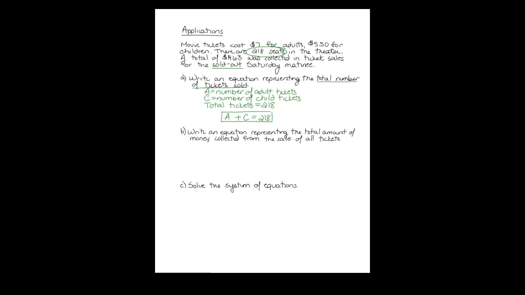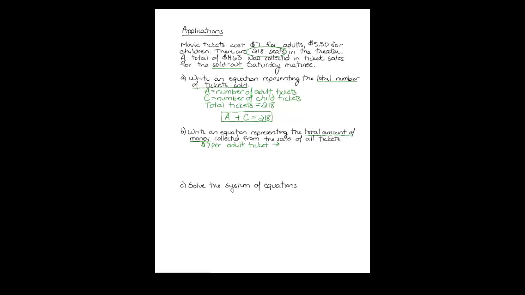Now, part B, write an equation representing the total amount of money collected from the sale of all tickets. So reading through the problem, you want to try to pick out any reference to money. So looking through this, movie tickets cost $7 for adults, so $7 per adult ticket.